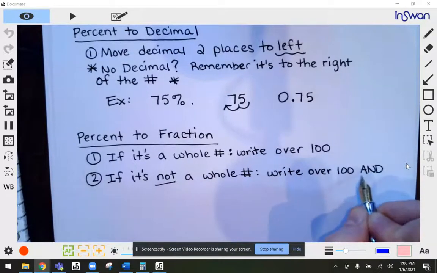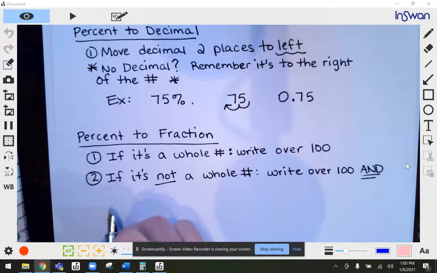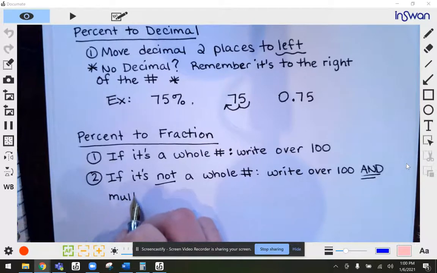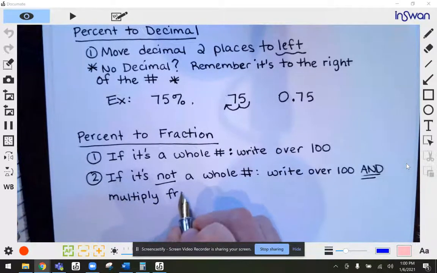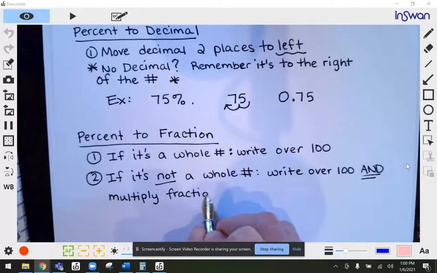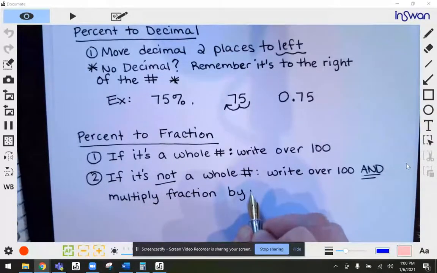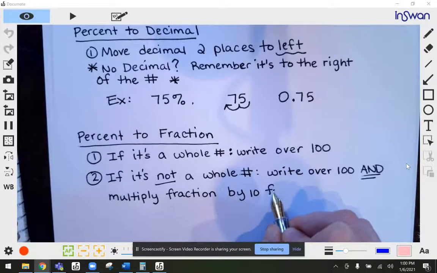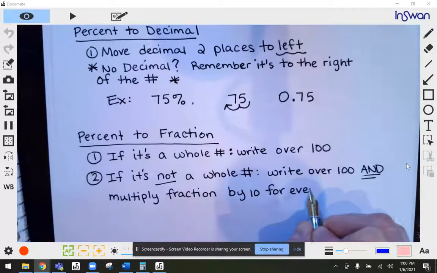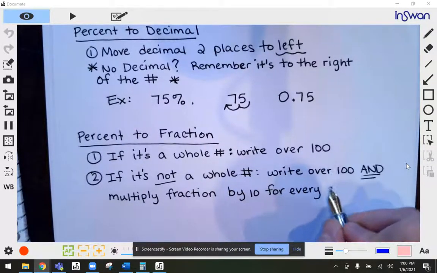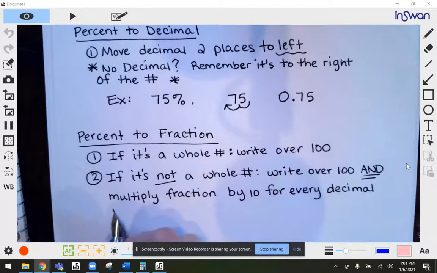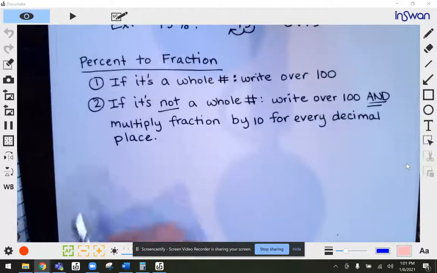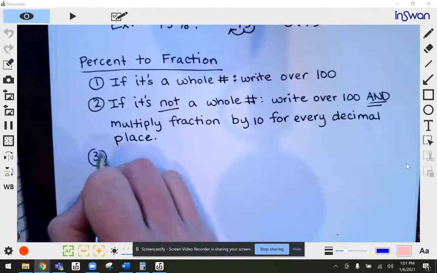And you're going to multiply the fraction top and bottom by 10 for every decimal place. And that'll get rid of that decimal. We'll do an example here in a sec so you can see. Okay, and then finally, reduce your fraction if possible.